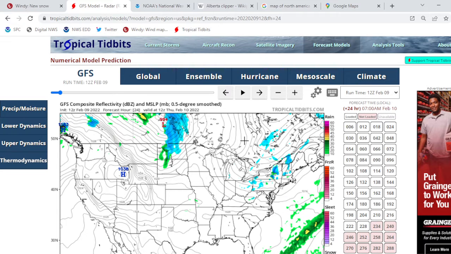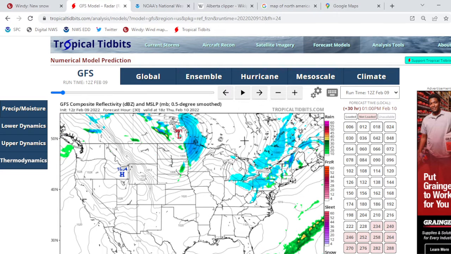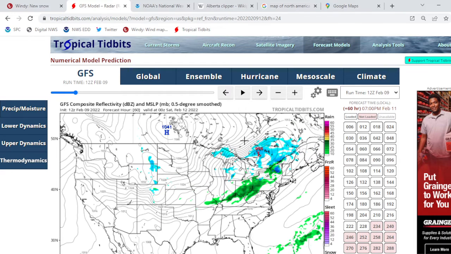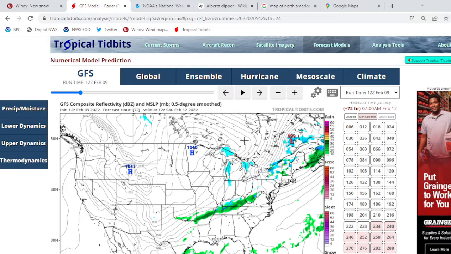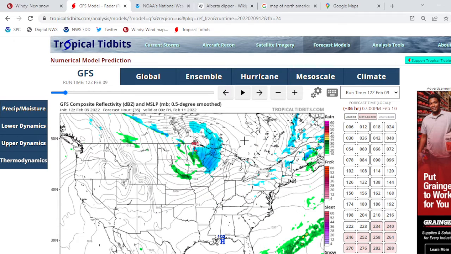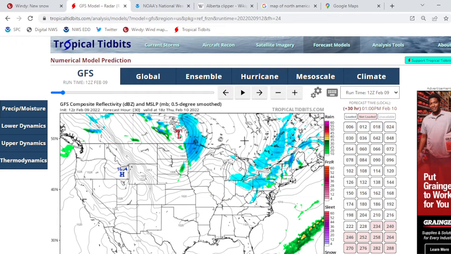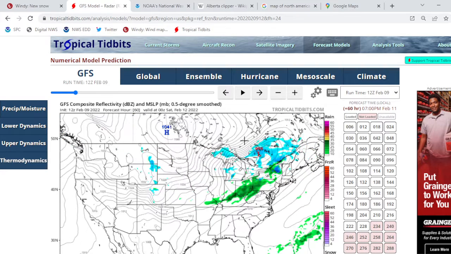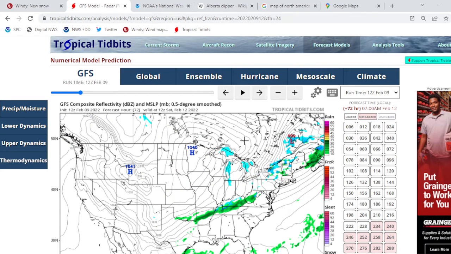This would be tomorrow, February 10th at 7 a.m. And then 7 a.m. February 12th, it's on its way out. So about 2 days. It covers some ground pretty quick.